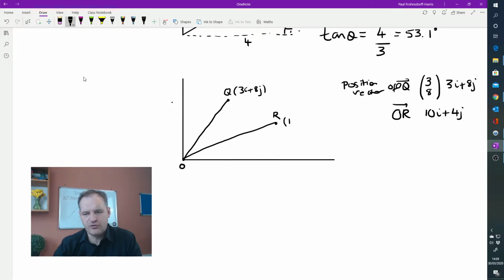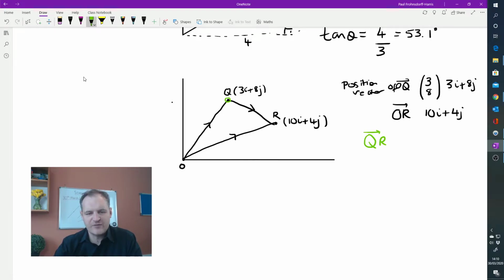We can use these to find the vector of the line from Q to R. To do so, we have to imagine we are trying to travel from Q to R. We don't know what QR is yet. That is what we're finding.